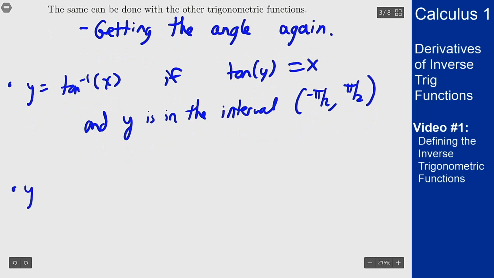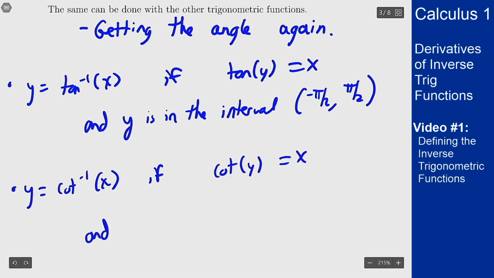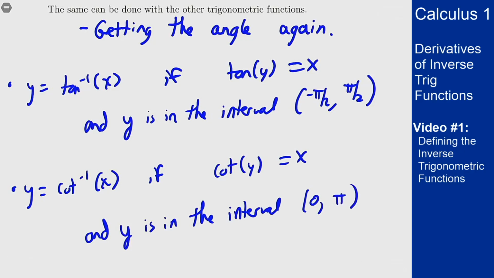Similarly, y is cotangent inverse of x if cotangent of y equals x, and y is in the interval from 0 to pi. Again, in terms of cotangent, that covers one curve of the function, and so that gives us a way to define this inverse function here as well.